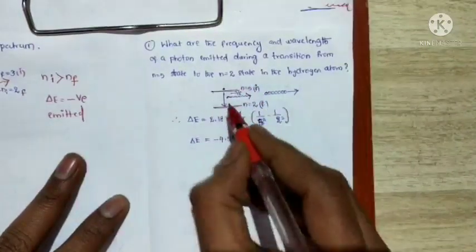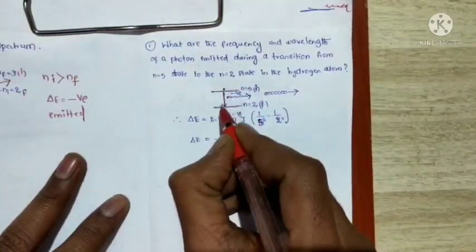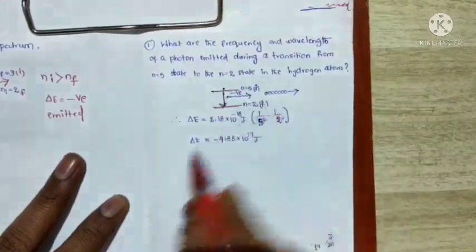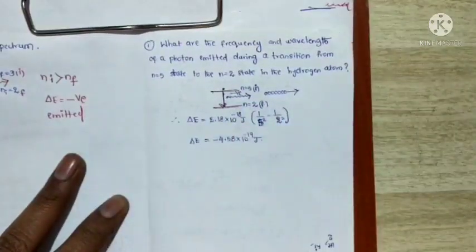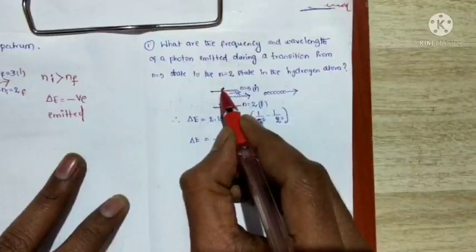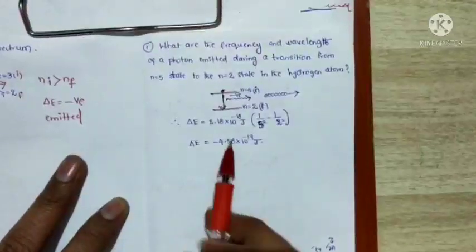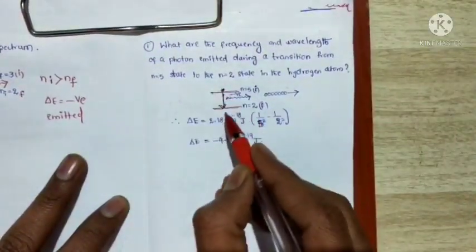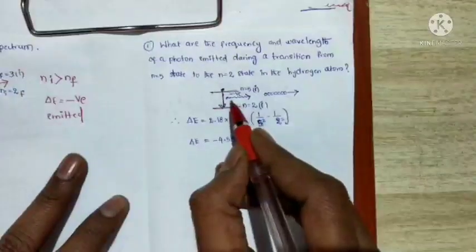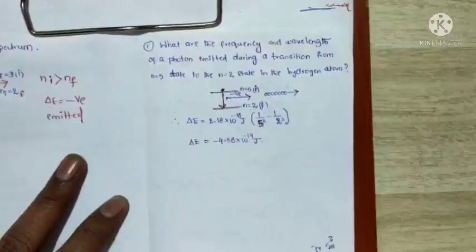So energy is emitted, because the electron is coming from a higher energy level to a lower energy level. That's why energy or radiation will be emitted.